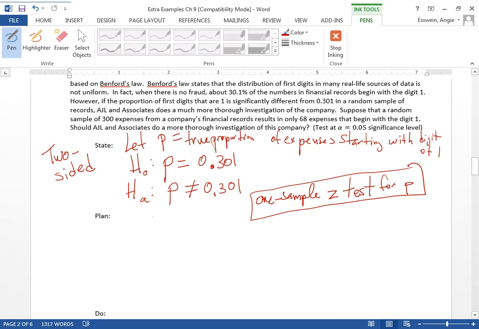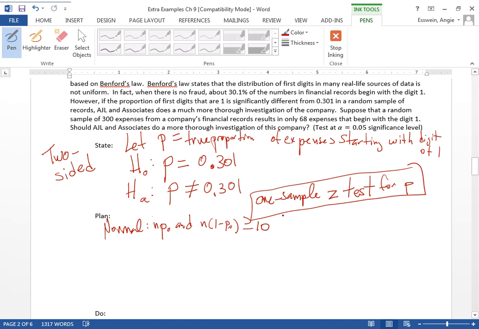The random and independent conditions, we're just going to say those are met. The normal condition is the most important. I just want to write here that n p naught and n times 1 minus p naught have to both be greater than or equal to 10. And you have to show the numbers.